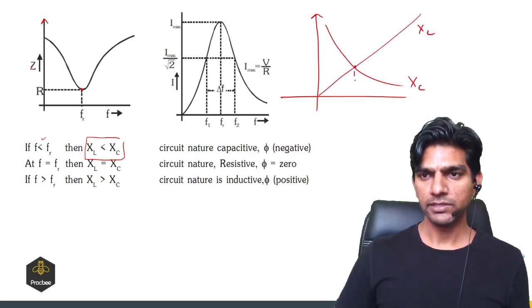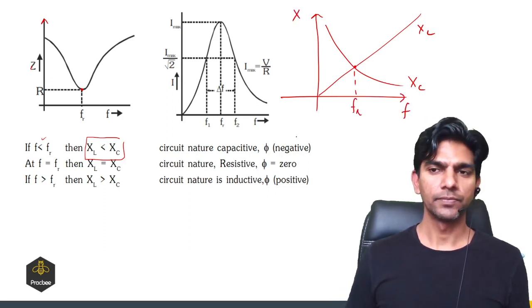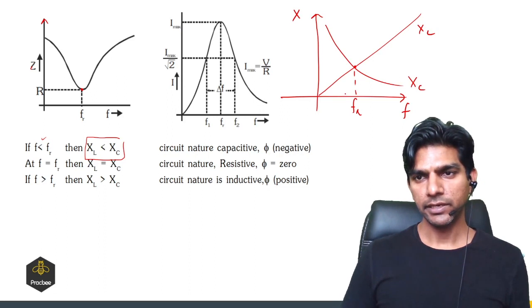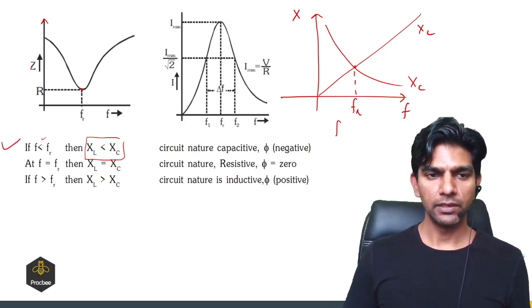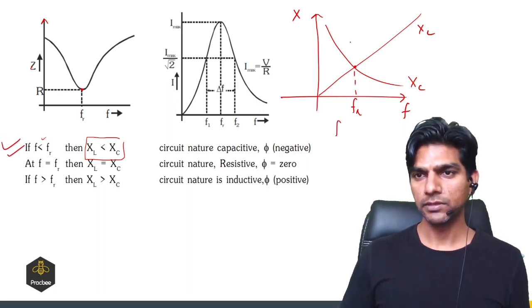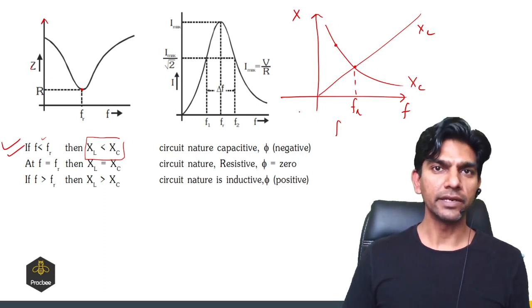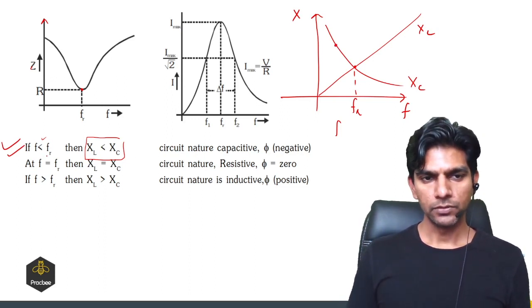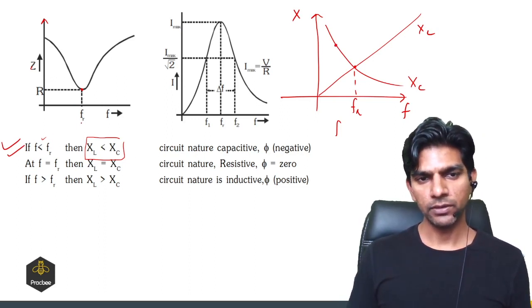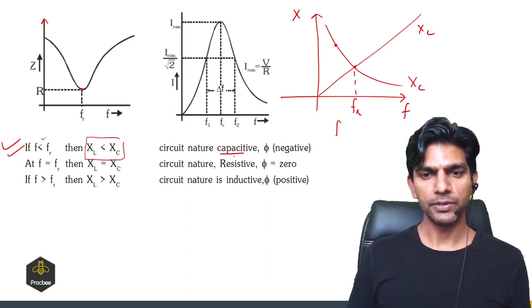And this is basically the resonating frequency. And here we have reactance. So we can clearly see that if f is less than the resonating frequency, the value of XC is greater than XL. So we can say for frequency less than fR, the circuit will be capacitive.